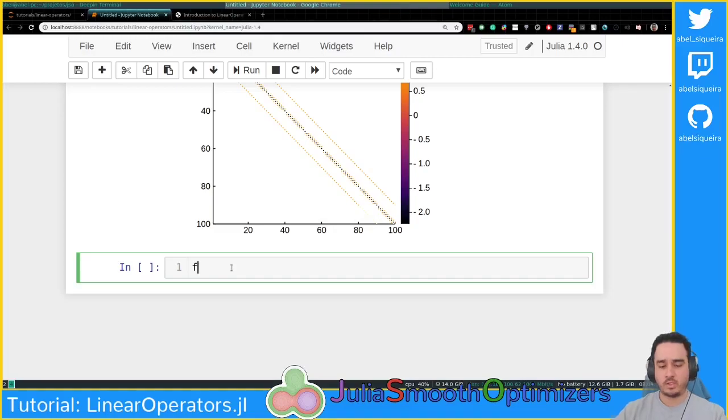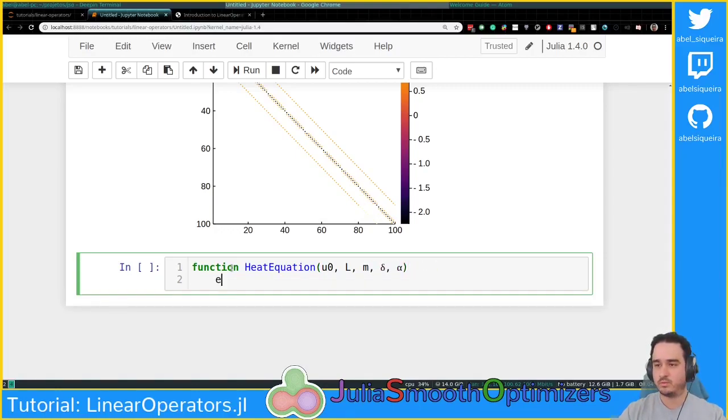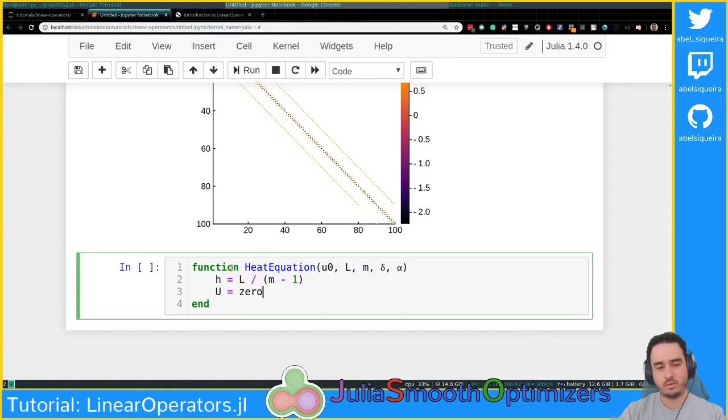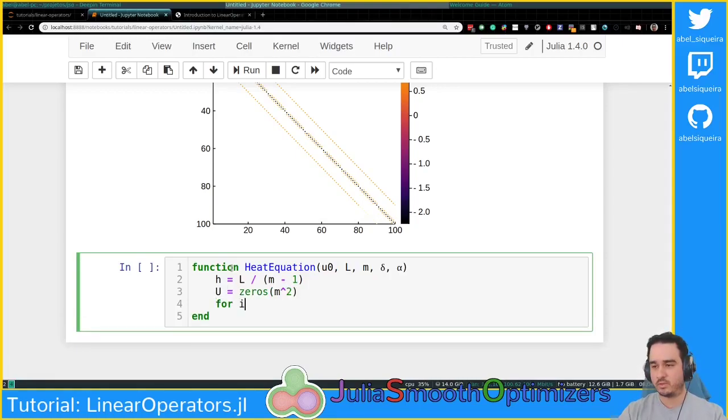Okay, so what I'm gonna do is define the heat equation at U0, L, m, delta and alpha. I'm gonna compute this value, the first matrix.